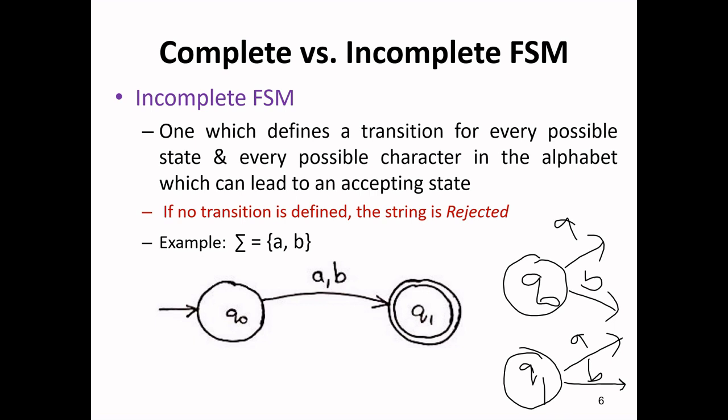Now, if you see in this DFSM, Q0 has one transition for input symbol a and one transition for input symbol b. So this is satisfied. But Q1 doesn't have any transition for a and b. Hence, this FSM is incomplete.